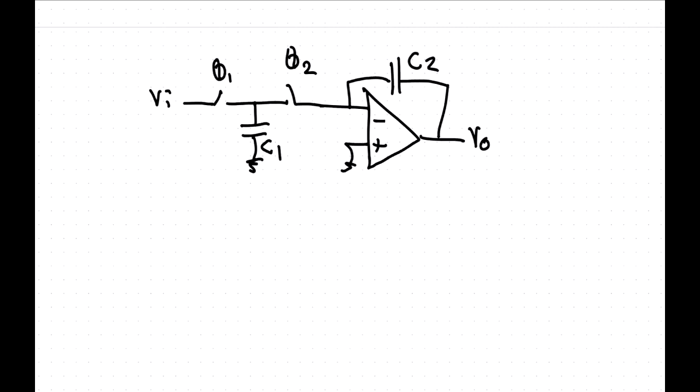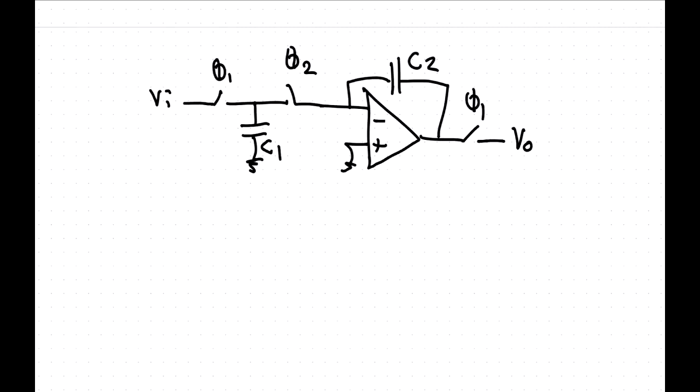Now what I want to do is look at the output of this at clock phase 1. I can also look at it at clock phase 2, but it is a discrete time system, and I will look at it in one of these two clock phases. Looking at clock phase 1 makes it a little more intuitive to see what is happening.